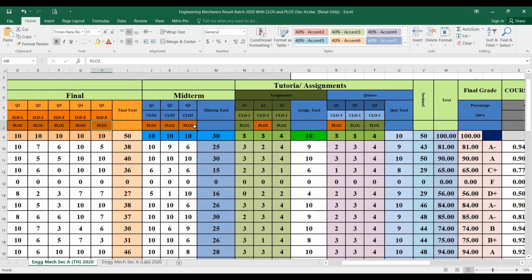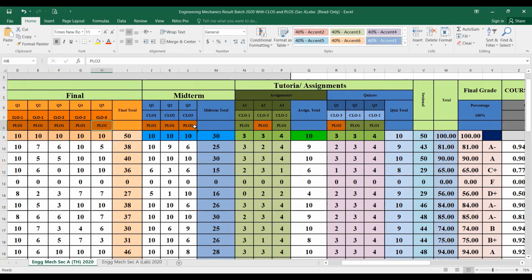It's not a hard and fast rule that you have to give all 3 CLOs in the midterm, or all 2 CLOs, or that all the questions be mapped with CLO1. I'm not going to force you. It's according to your own criteria, the teacher's intelligence, whatever he or she wants to give in it.